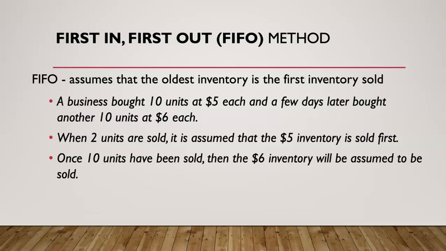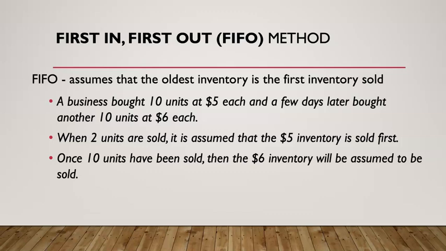First in, first out is the assumption that oldest inventory is the first inventory sold. So let's assume a business bought 10 units at $5 each, and then a few days later bought 10 units at $6 each. If we stop there, which is the older stock, the $5 or $6? I hope that you identified that it's the $5 that are older. They were the ones bought first. So when 2 units are sold, given we assume the oldest inventory is the first inventory sold, we assume the $5 are sold.